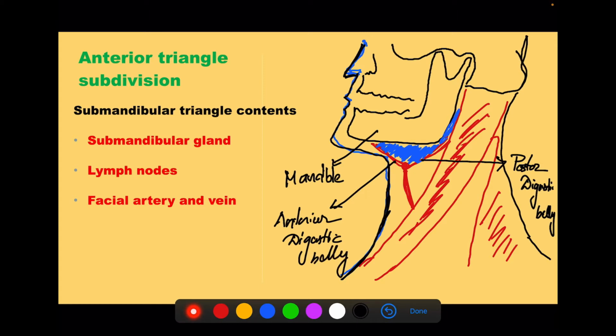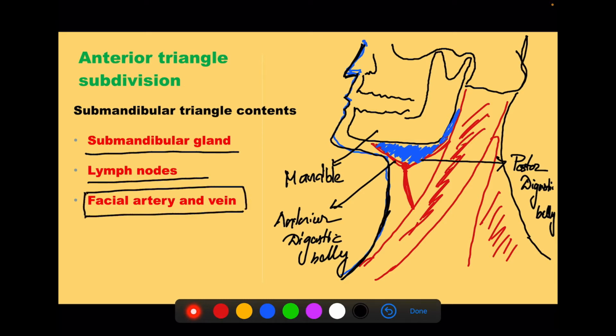The submandibular triangle contains the submandibular gland, lymph nodes, and the facial artery and vein. This one is important.